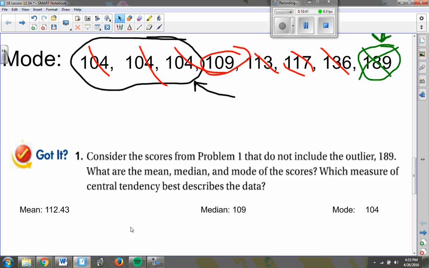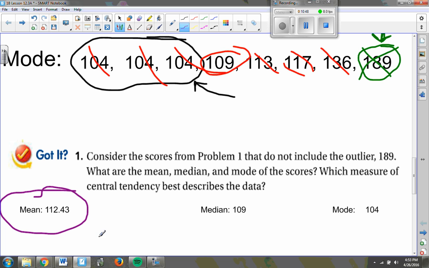So now I have these 3 scores, and because I do not have an outlier, my best bet is the mean because there is no outlier. Because there's no outlier, I choose the mean as my best fit for this data.